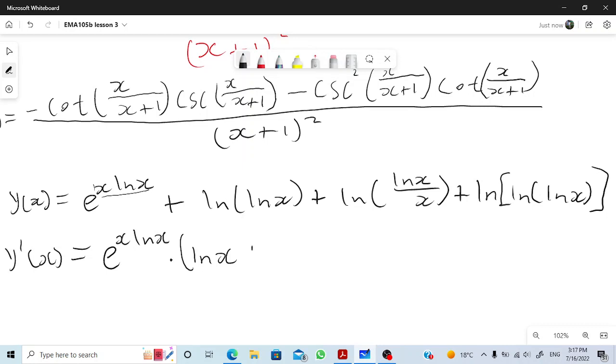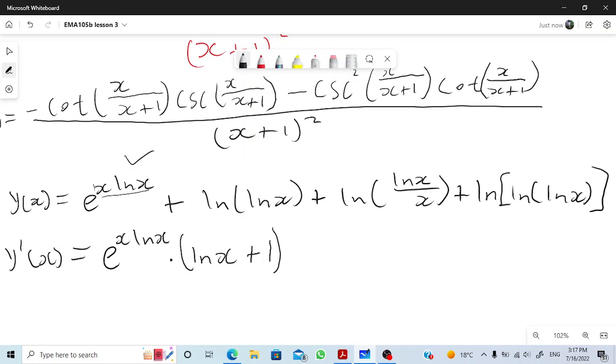Now plus, we leave x as it is, and now we differentiate ln of x. If you differentiate ln of x, you get 1 over x. So x multiplied by 1 over x is x over x, which gives us 1. So everything here now reduces to 1.